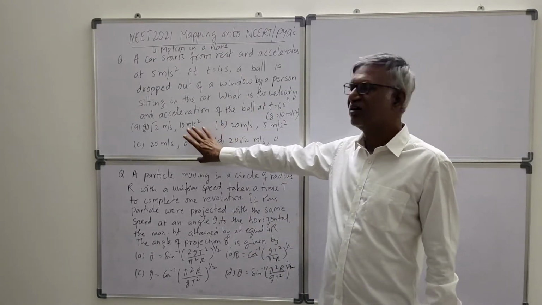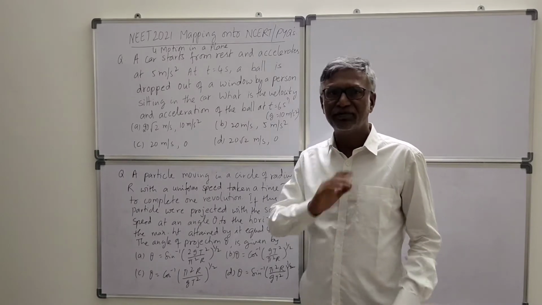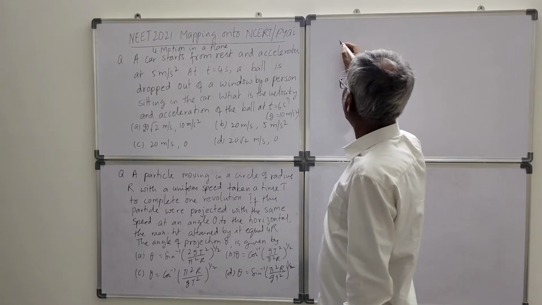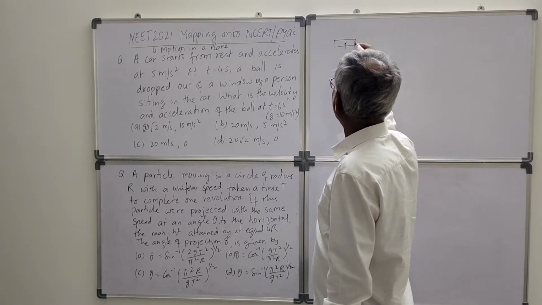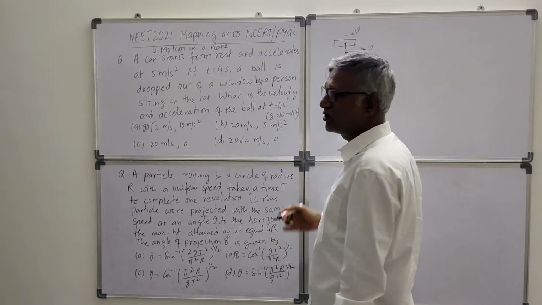See, by seeing the answers, you can give the answer directly. How? Let me give you the idea. The ball is dropped when the car is moving, so it has a certain velocity. That velocity will be attained by the ball at this particular point.